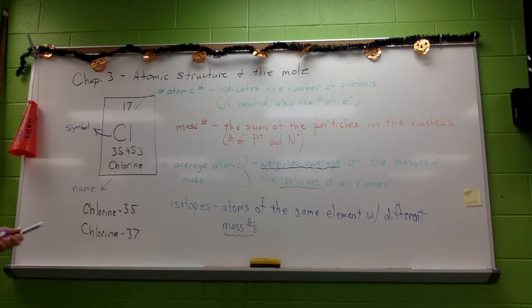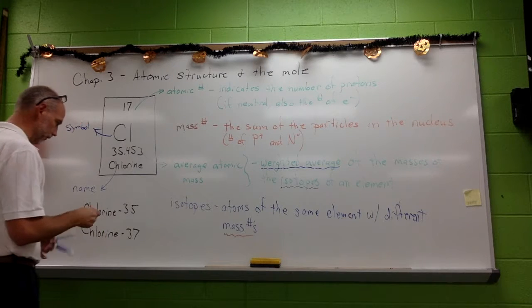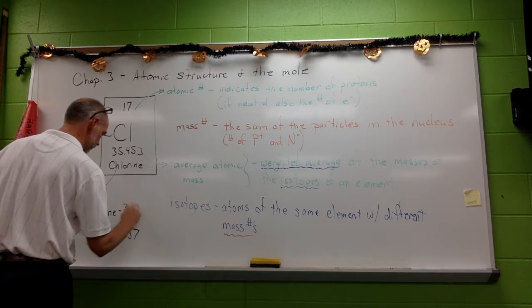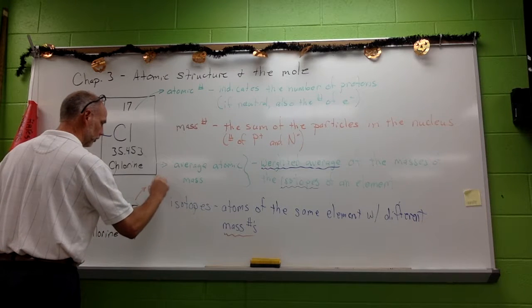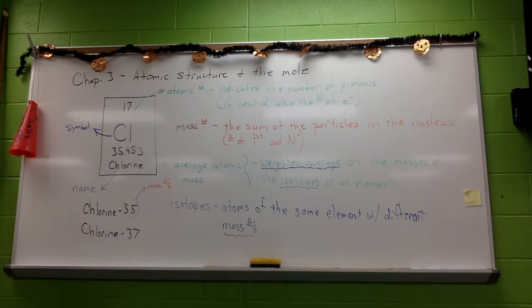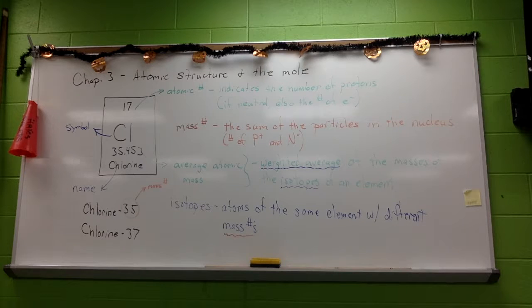Now, the values that I just wrote down there are the mass numbers. Okay, so when I write chlorine-35 or chlorine-37, those numbers represent the mass number.